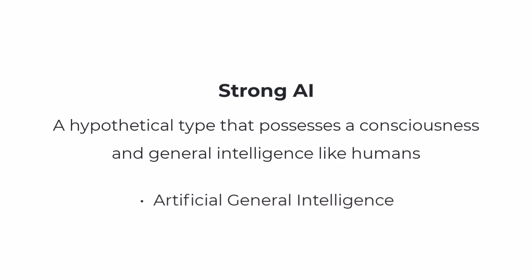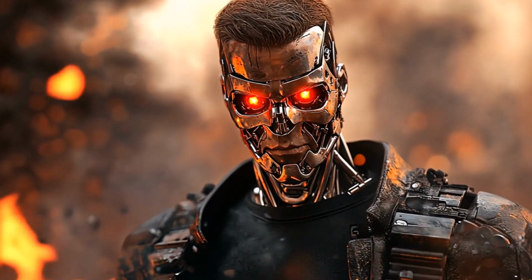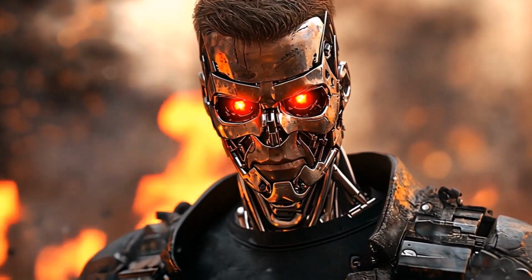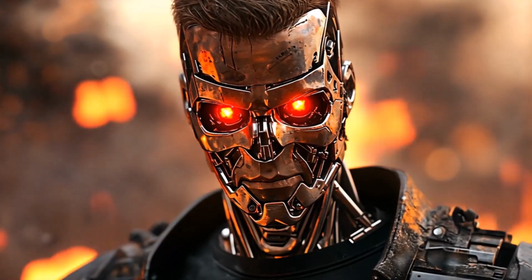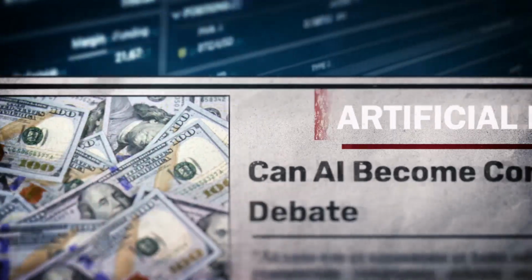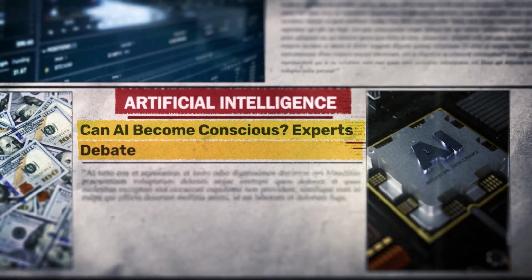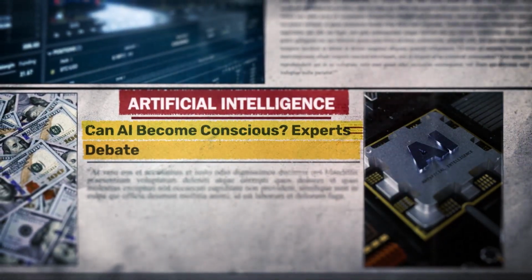Artificial general intelligence and artificial superintelligence, which are other terms you may have heard, fall under this category too. Humanoid robots, like in the Terminator movies, are good examples of how science fiction portrays strong AI. But it's still science fiction, and there are big debates about when or even if we'll ever have, or should have, strong AI.